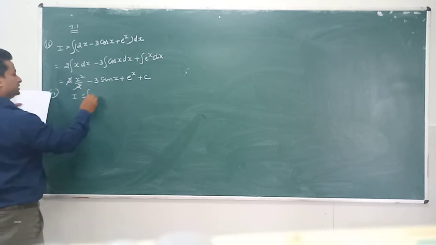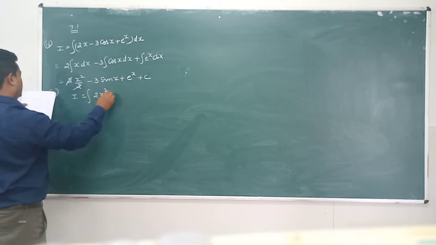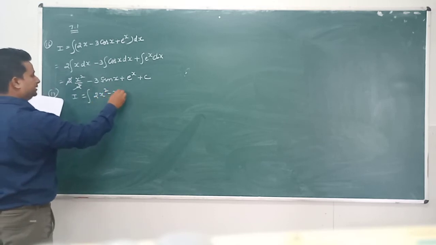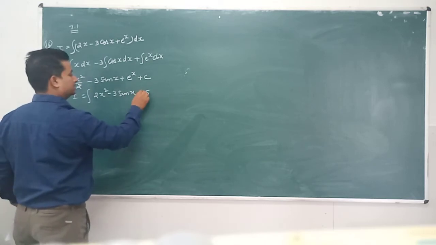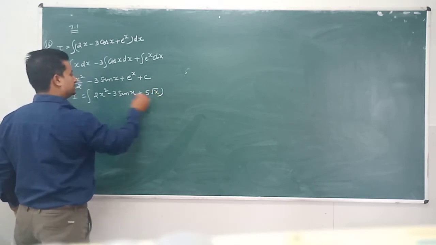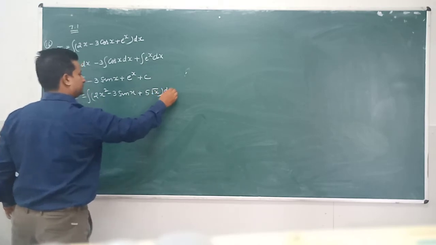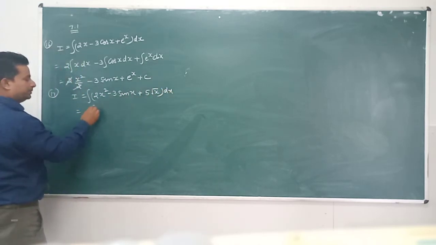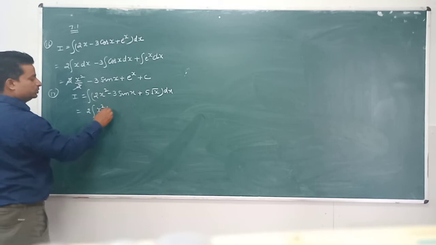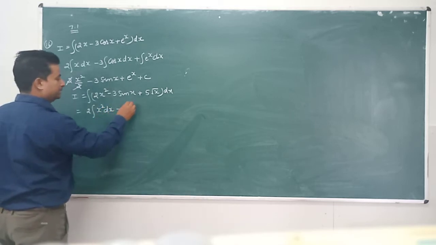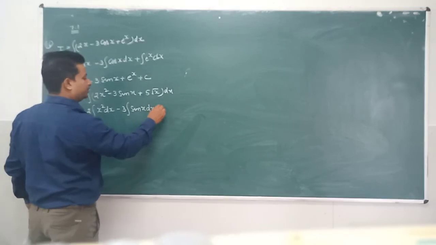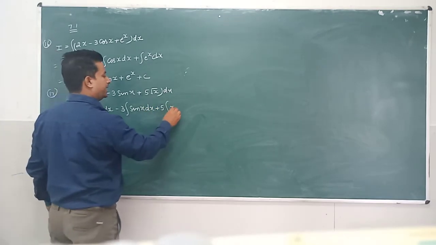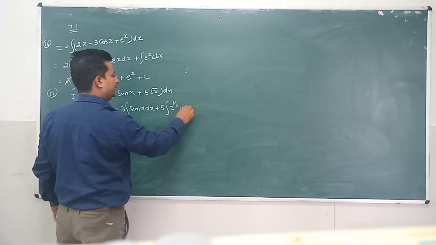In question number 17, the statement is the integral of (2x square minus 3 sin x plus 5 under root x) dx. First we multiply dx, so it's x square dx, 3 sin x dx, plus 5 x to the power half dx.